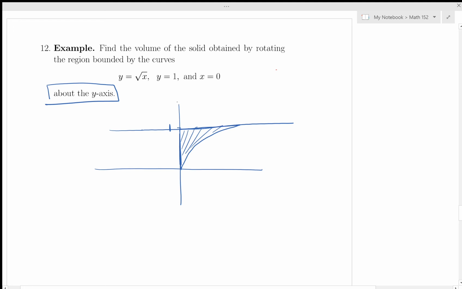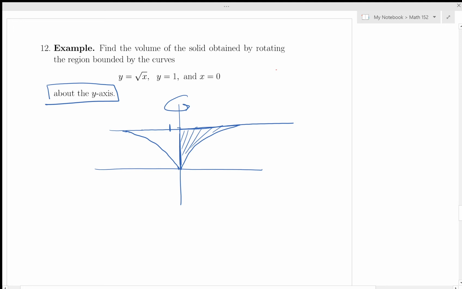Now we're going to take that and we are going to rotate it around the y-axis. So that means that the shape will look like this. I'm trying to make a mirror of that curve there, like that.